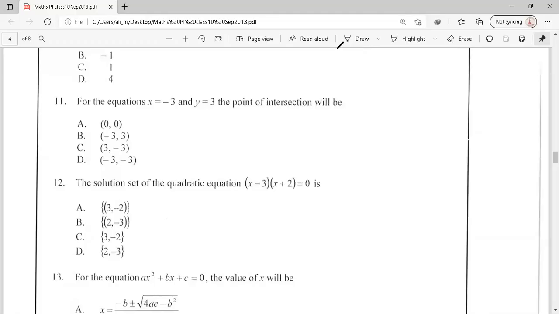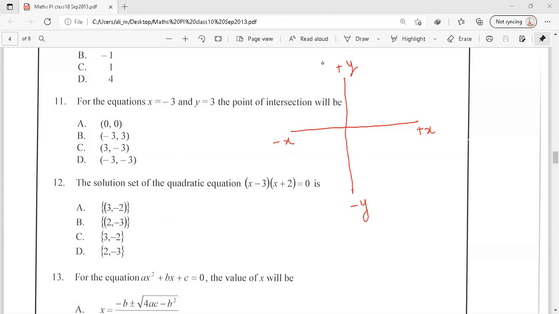Let's see question number 11. For the equations x equals minus 3 and y equals 3, we have to find the point of intersection. So this line x equals minus 3. Let's draw these two lines. This is positive x-axis, this is negative x-axis, this is positive y, and this is negative y.